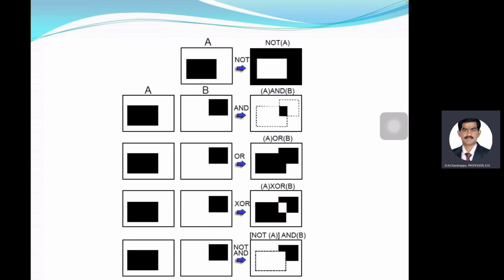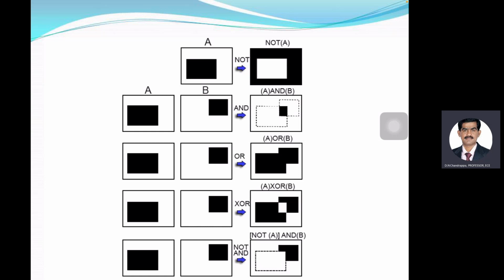In fact, many of the morphological algorithms discussed in the chapters in this module are based on these two primitive operations, that is, dilation and erosion.